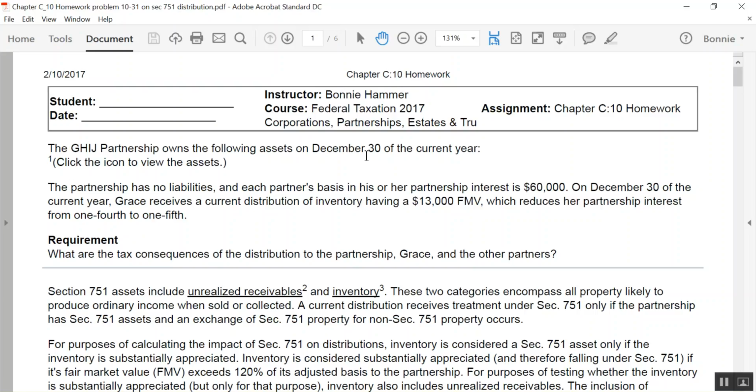Or it'll just fill it in for you. But when you get done with the whole thing, it'll say problem completed, and then you can go into the upper right-hand corner and print. And that's what I did. I printed it to PDF.